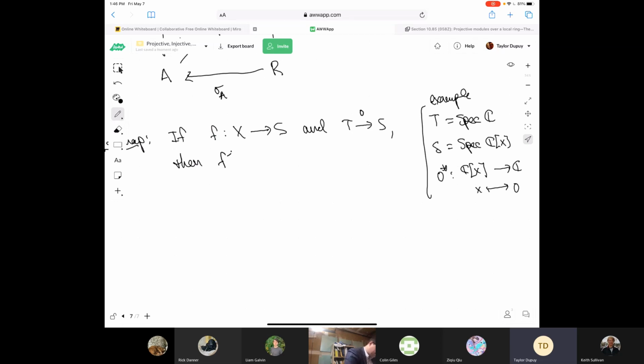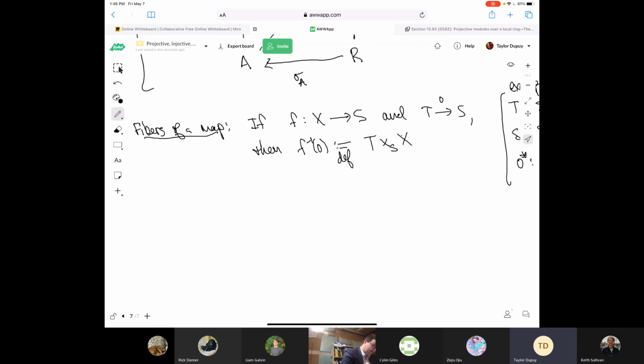Then f inverse of 0 is going to be defined to be equal to the fiber product of the two things, T cross over S with X. So this is the definition; this is how you define the inverse image.